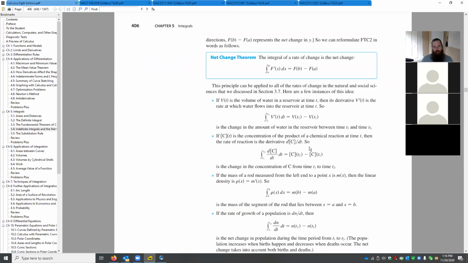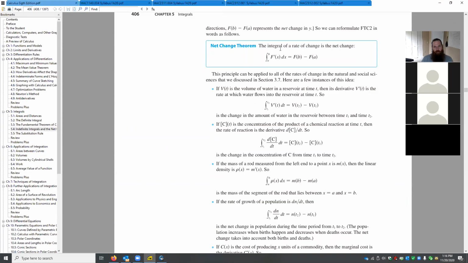All right, so this is what you think it is. The net change in a function f is the integral of f prime from a to b. The first example here, if V is the volume of water in a tank or reservoir at time t, then its derivative is the rate of change of the water coming into the tank.